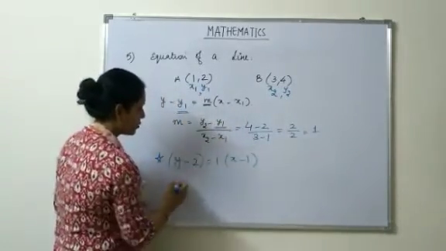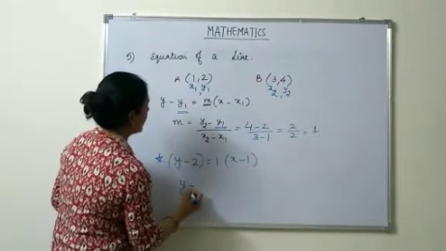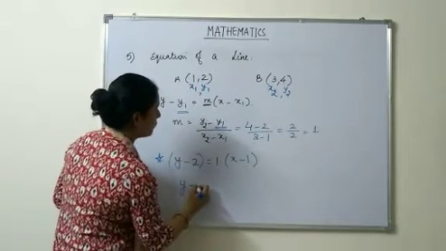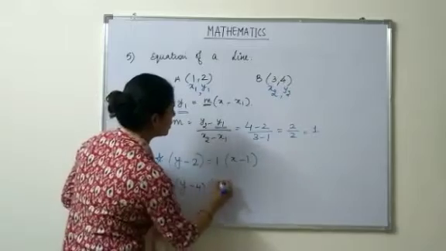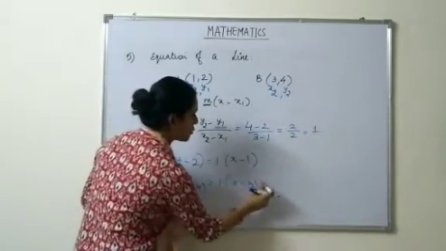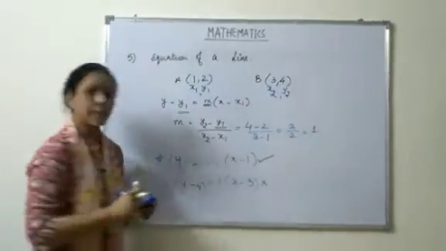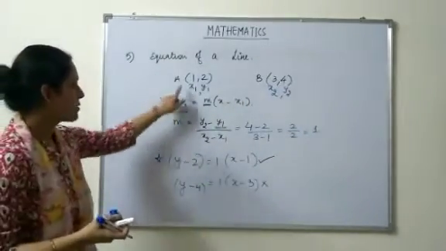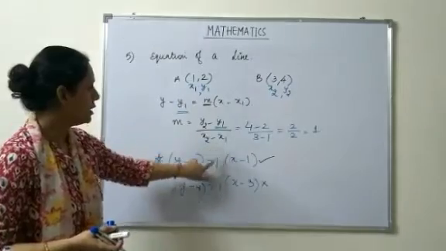The mistake that the students make is y minus 4 is equal to 1 times x minus 3. So this is wrong and this is right. That means you need to use the same x1, y1 in both the cases.